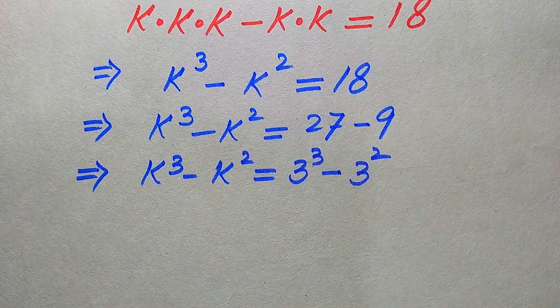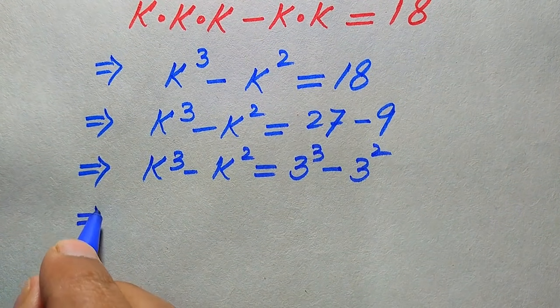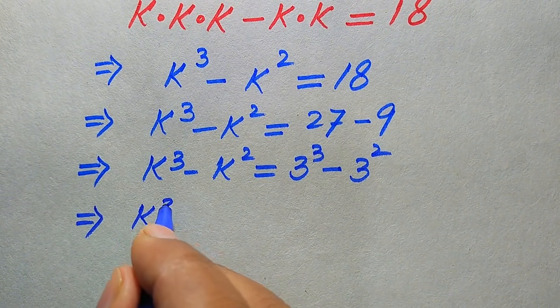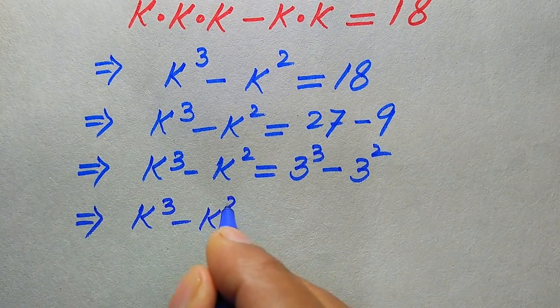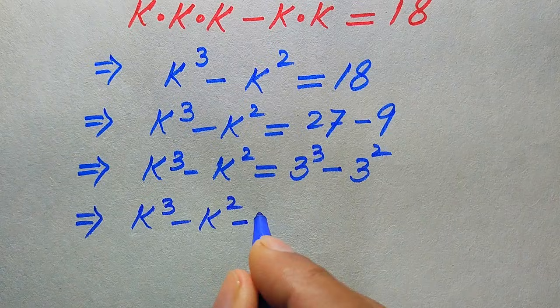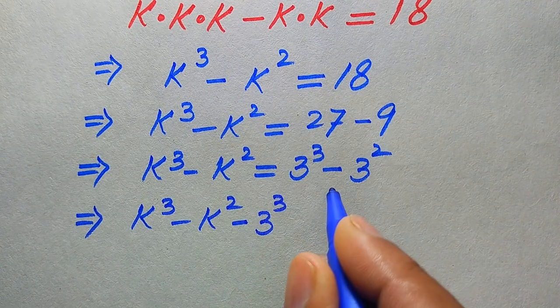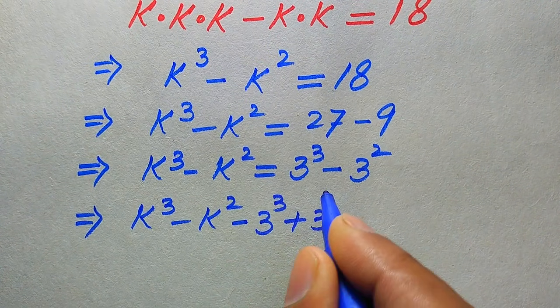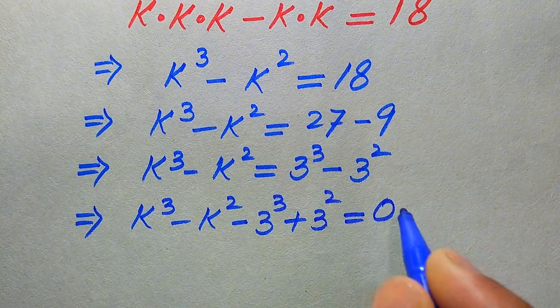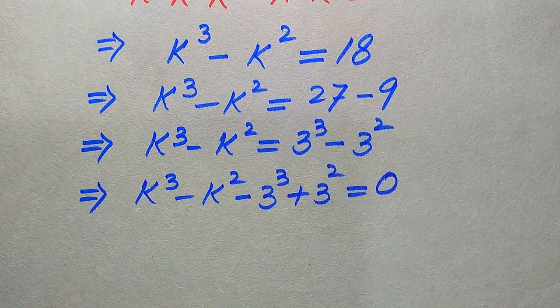And now further in the next step we move all the terms from the right hand side to the left hand side, and it will be written as k cubed minus k squared, and this positive term becomes minus 3 cubed, and this negative term becomes plus 3 squared, and this whole equation is equal to 0.